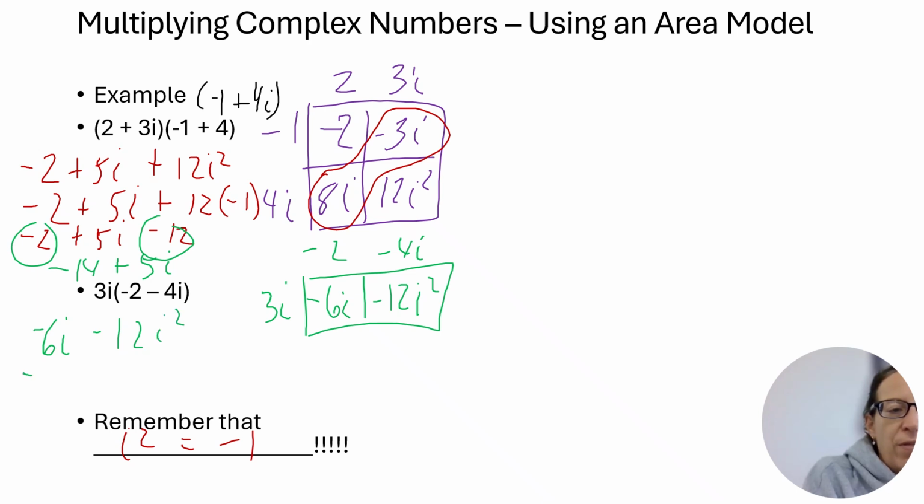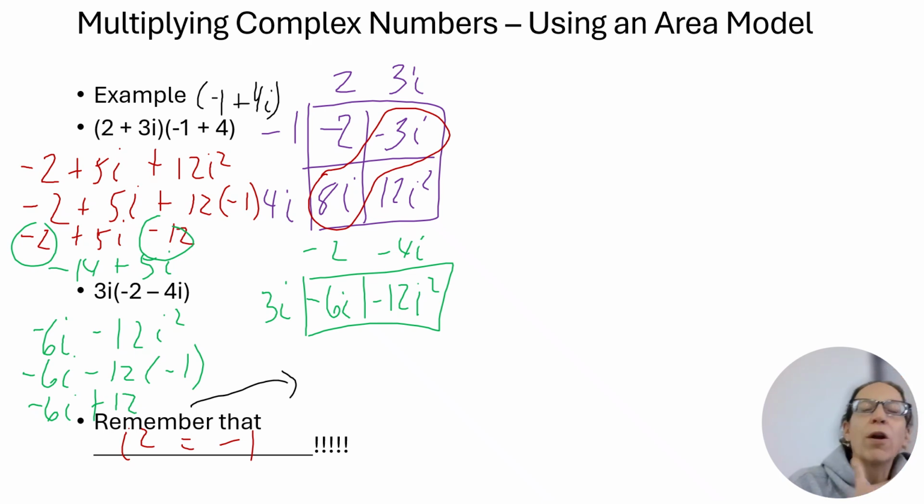But remember that i squared is equal to negative 1. So we have negative 6i, and negative 12 times negative 1 is positive 12. I ran out of space there because I have that little reminder, so sorry about that. You want to remember to put it in the right order. So instead of the imaginary part first, we're going to put the real part first.